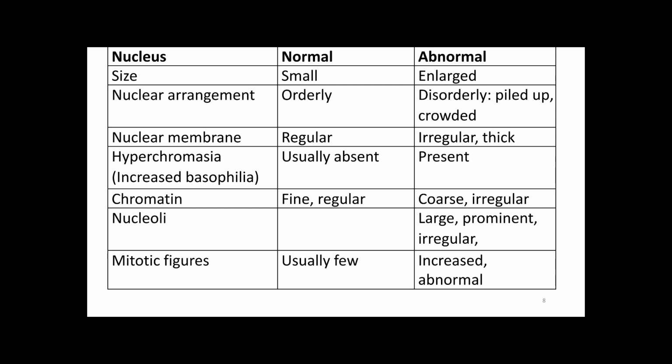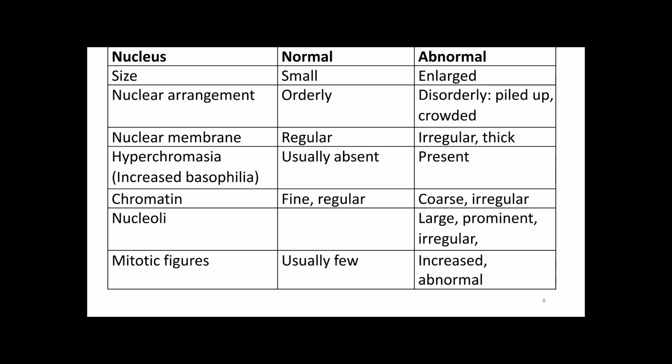Because in abnormal cells the chromatins are not compact, they are loosely arranged, so that's why we get hypochromasia. When we consider the chromatin, in normal cells it is fine and regular, but in abnormal cells it is coarse and irregular.